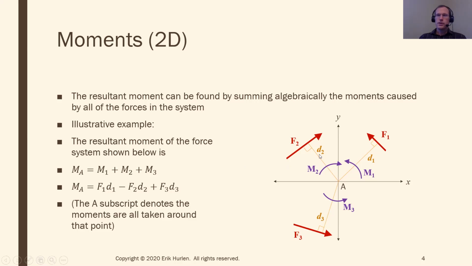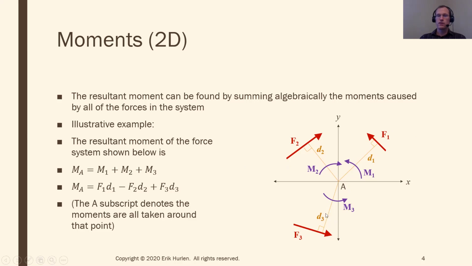So again, to find these moments, moment is just force times perpendicular distance. So I have a perpendicular distance d1 from point A to F1, some perpendicular distance d2 from point A to F2, and some perpendicular distance d3 from point A perpendicular to the line of action of F3.